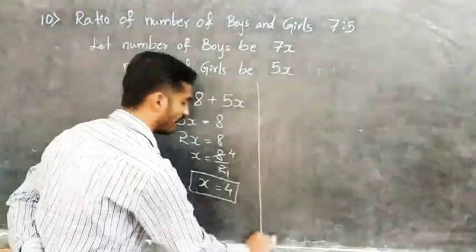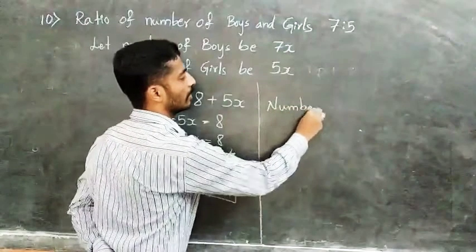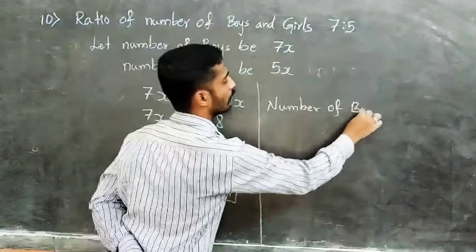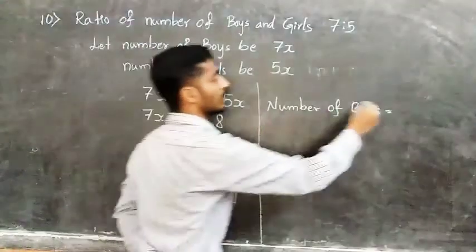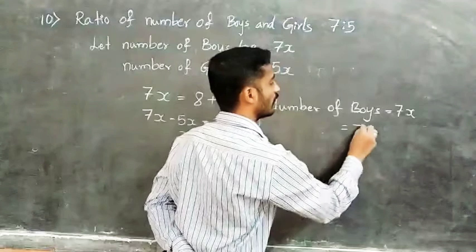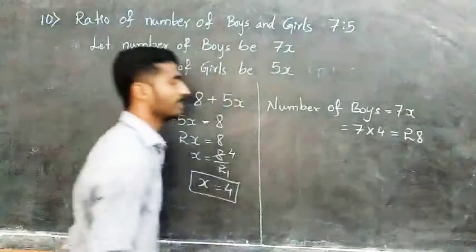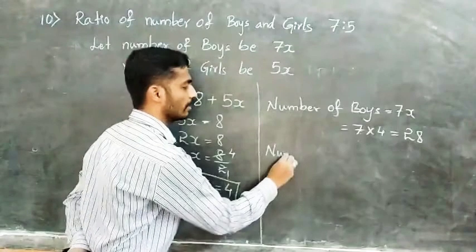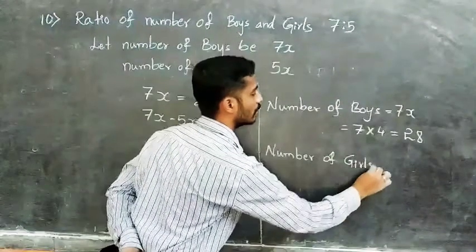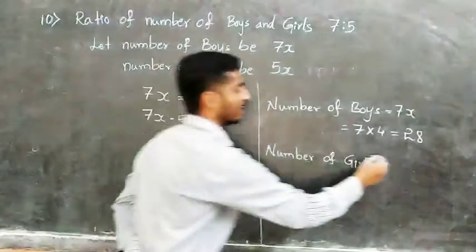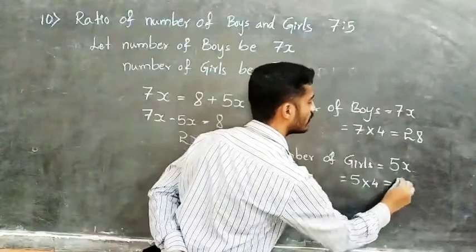So easily we can find the number of boys. The number of boys is 7x, which means 7 into 4, that is 28. Now the number of girls is 5x, so 5 into 4, that is 20.